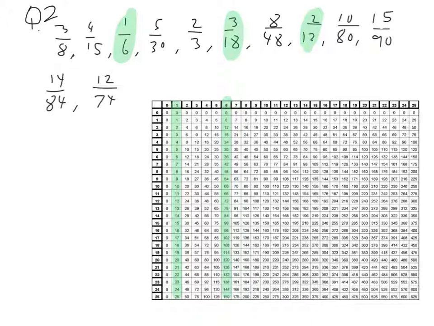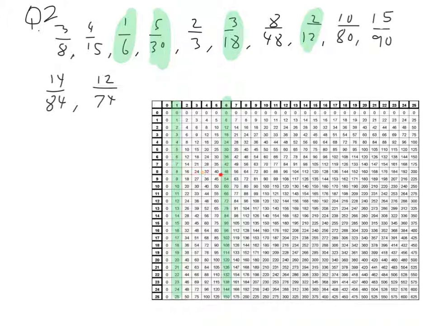And we can keep on going. 1 multiplied by 4 is 4, 6 multiplied by 4 is 24. Is there a 4 over 24 here? No. Keep going. 5 over 30. Do we see 5 over 30? Yep, there's one there. We can highlight that one. And we can keep on going, so you get the idea. So we've got 6 over 36, I don't see that. 7 over 42, I don't see that.